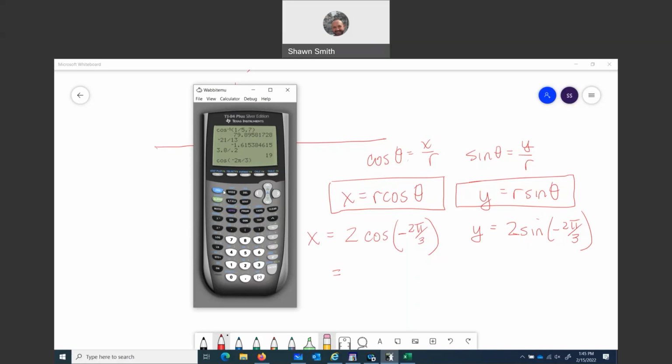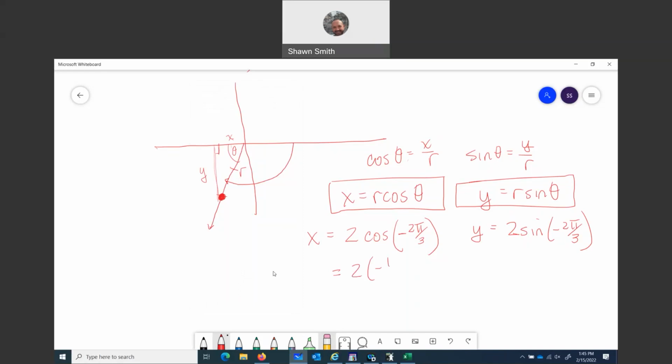And put your calculator in radian mode this time, since we're dealing with radian measures. I hit enter, and that's negative 1/2. So 2 times negative 1/2 is negative 1. We have an x value that is negative. That's good. That's what we needed.